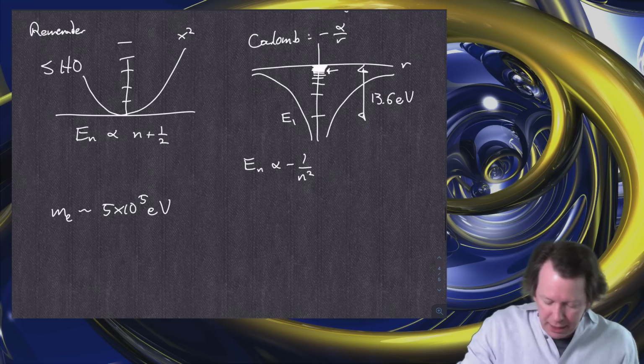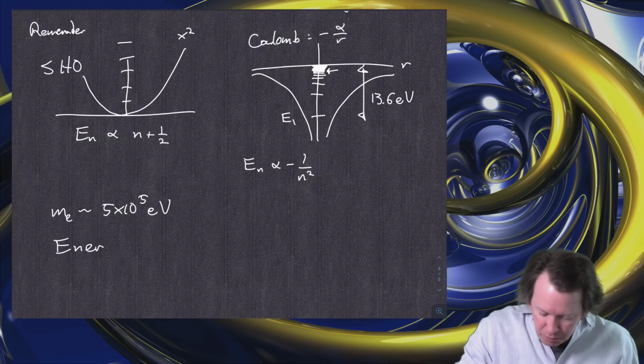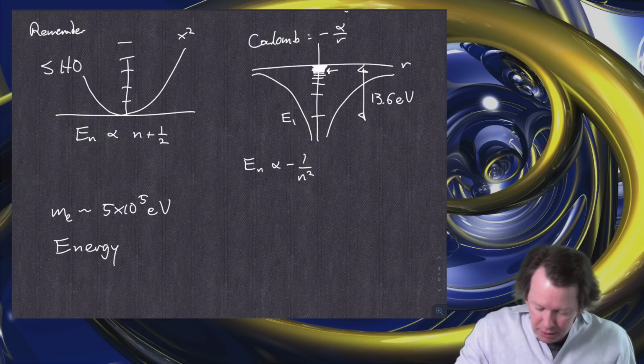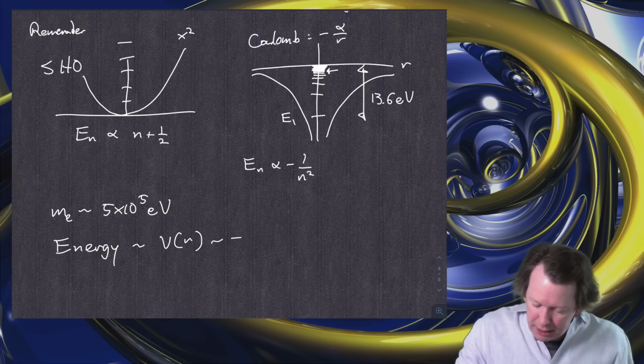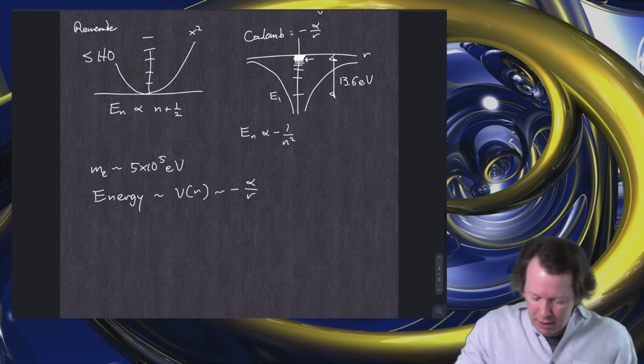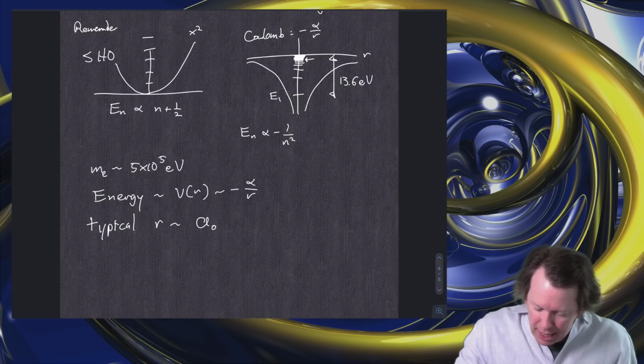Well, we know that the energy of an electron, just the energy classically speaking, is the potential energy, and we know what that is. It's minus alpha over r, right? The potential energy V of r is minus alpha over r. And we know that the typical r, the average value of r, is the Bohr radius, a naught.